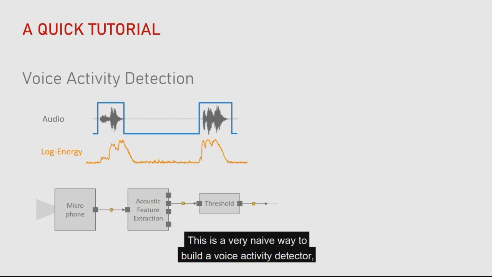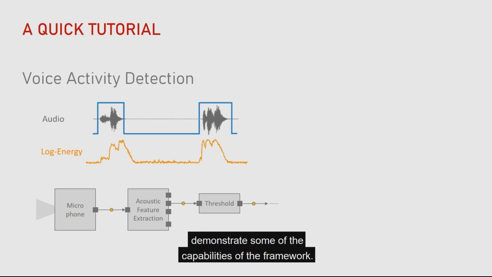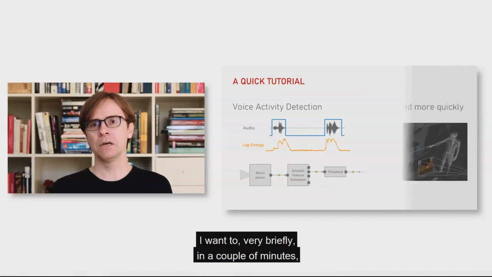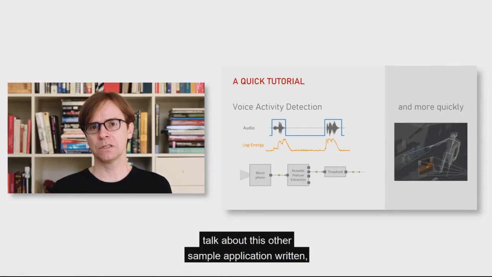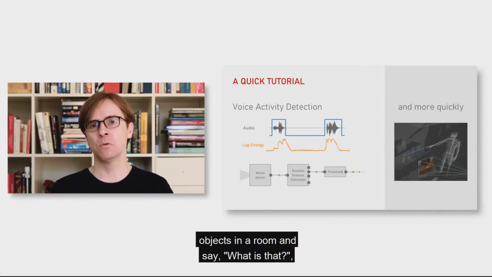This is a very naive way to build a voice activity detector, but it will be sufficient to demonstrate some of the capabilities of the framework. And once we do that, just so that I really showcase the fact that you can build more sophisticated applications, and quickly prototype something much more complex that brings together many different kinds of AI technologies, I want to very briefly, in a couple of minutes, talk about this other sample application, written in a couple hundred lines of code, where a person can point to objects in a room and say, what is that?